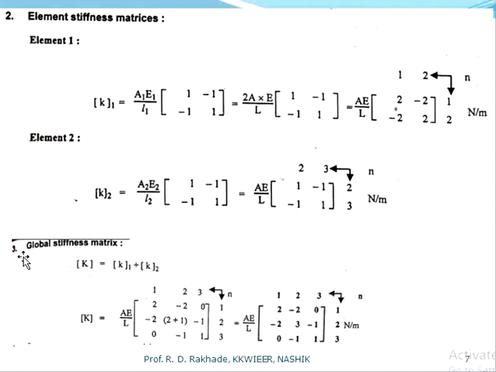After that, step 3 is to assemble the global stiffness matrix, which is the summation of all individual stiffness matrices, that is K1 and K2. The size of the global stiffness matrix depends upon the number of nodes or degrees of freedom available in the system. There are 3 nodes, so the size of the global stiffness matrix is also 3 by 3.